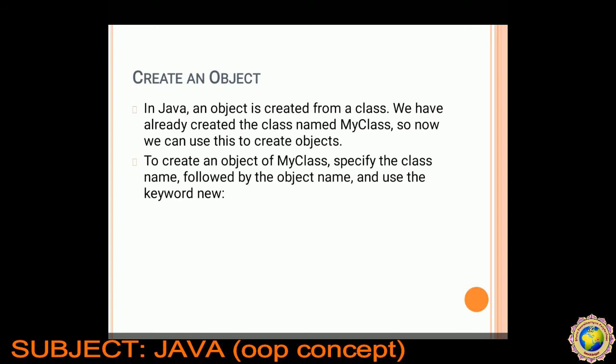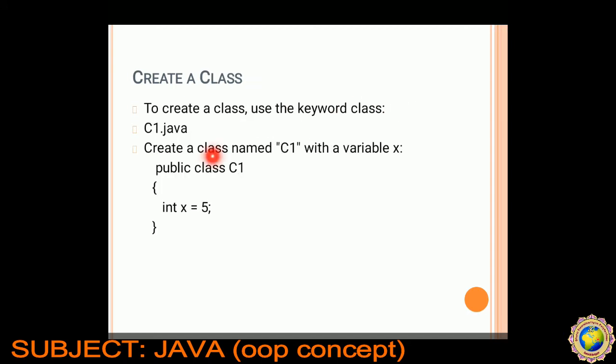Now, create an object. In Java, an object is created from the class. We have already created the class named MyClass. So now we can create an object. See, here we have taken MyClass. In place of that, we can change the name. As you can see here, C1.